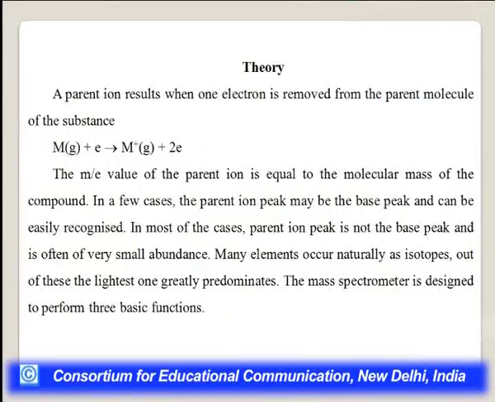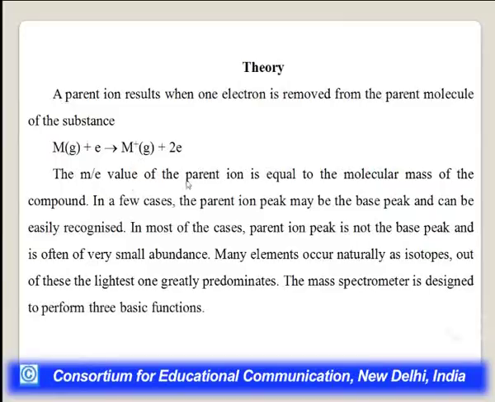What is the theory of mass spectroscopy? A parent ion results when an electron is removed from the parent molecule. You can see this representation. This M is the molecular mass of the molecule, and when it is bombarded with high energetic electrons, it gets converted to an ion, that is a positively charged molecular ion.